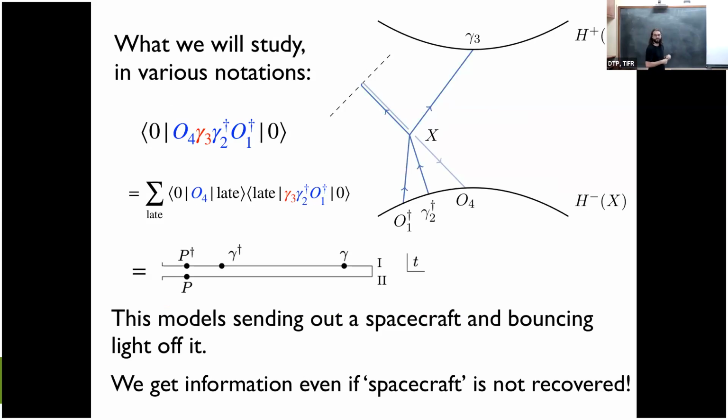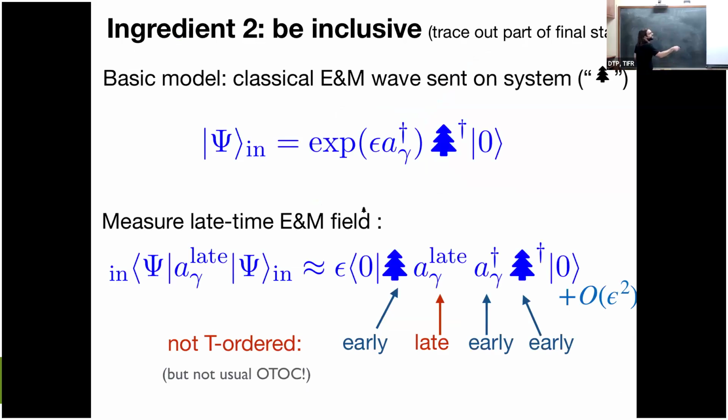So I think we are considering the scattering of O1 dagger and gamma 2, right? The measurement maybe is not scaled. You can do more complicated measurements at higher point functions that are more physically intuitive. But the simplest measurement that is actually modeled by a 4-point function is like you throw an object, you send light on it, then you recover the light. But with the 4-point function you measure the light coherently. So you measure the expectation of the electric field, so you measure the light with the phase.